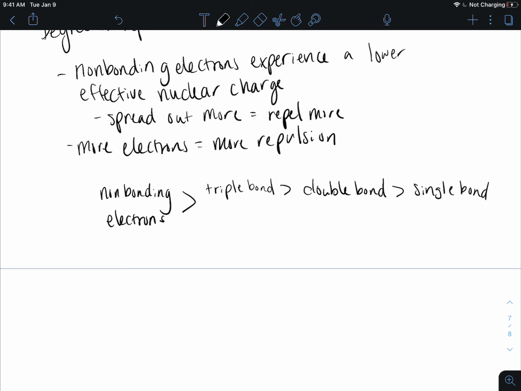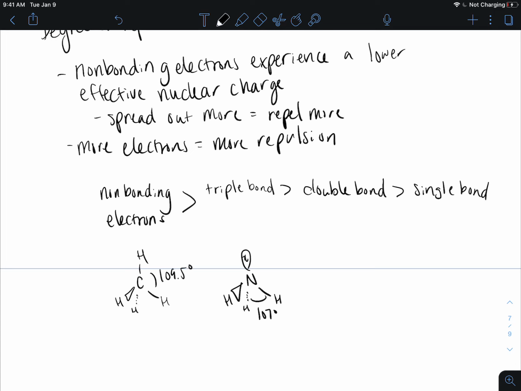So when we look at, for instance, CH4, we have bond angles of 109.5. When we look at NH3, we have bond angles of 107.